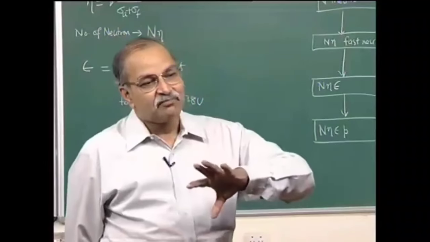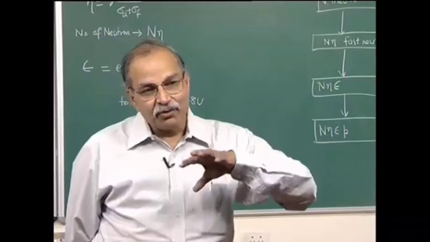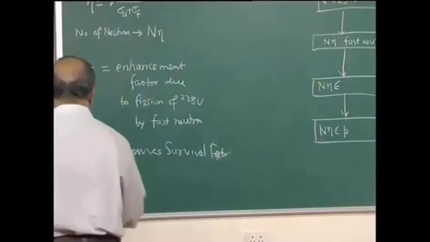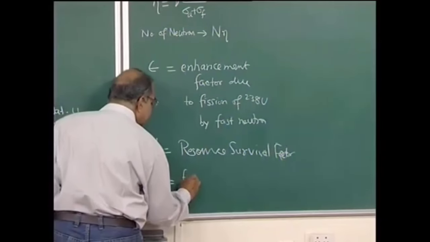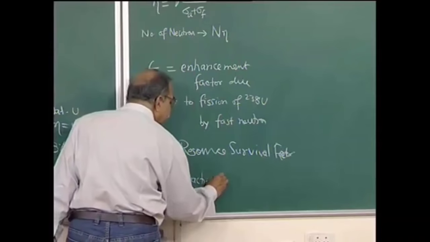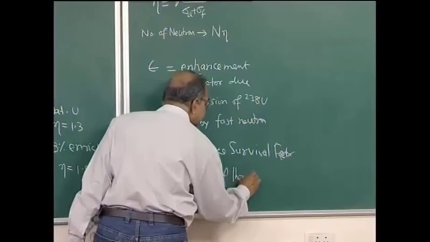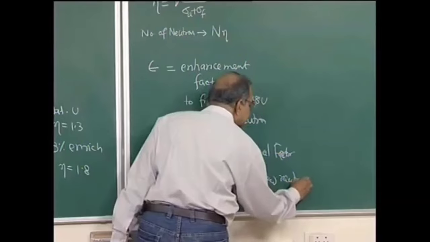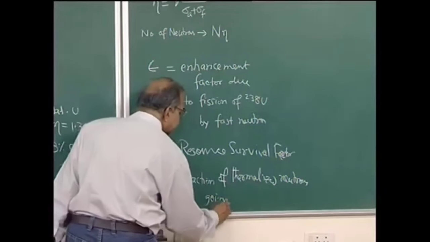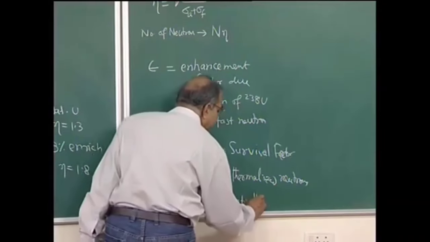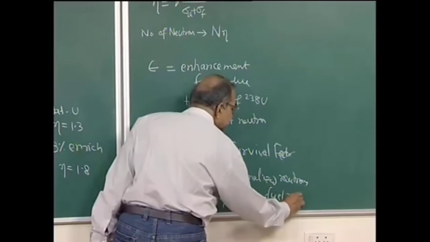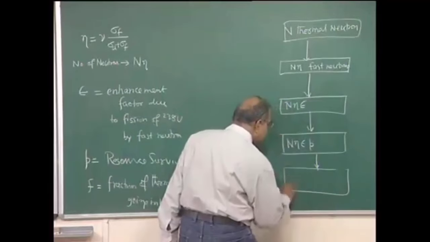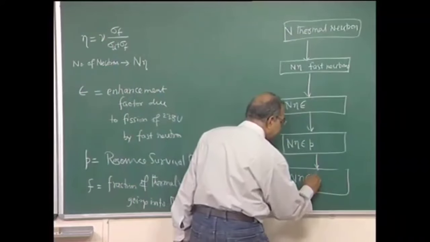So, the part of thermal neutrons which are able to get into the fuel rods is written as f. So, f is the fraction of thermalized neutrons going in the fuel rods. So, that is here, and then you get this N eta epsilon p f.